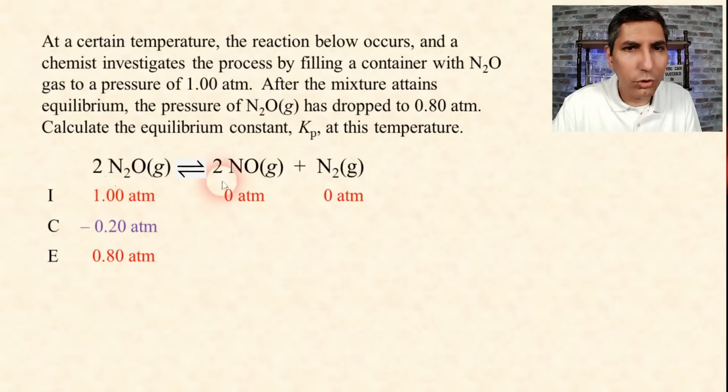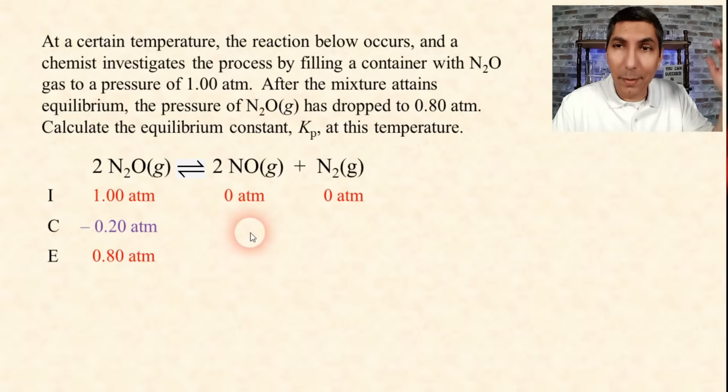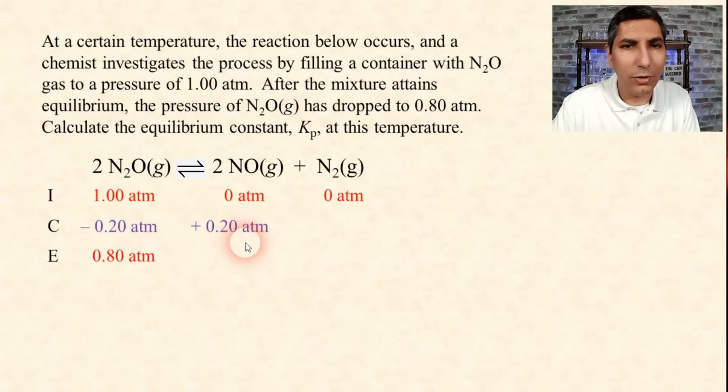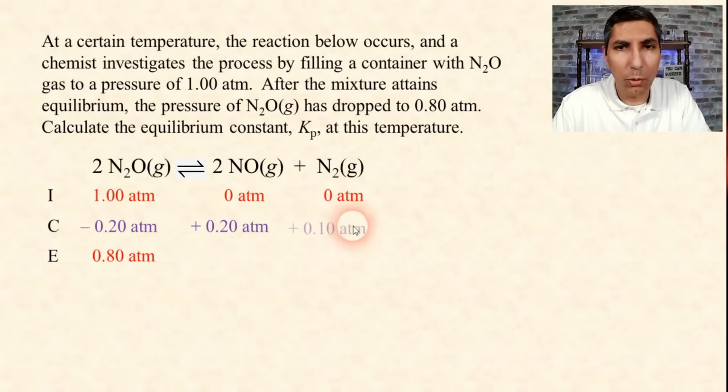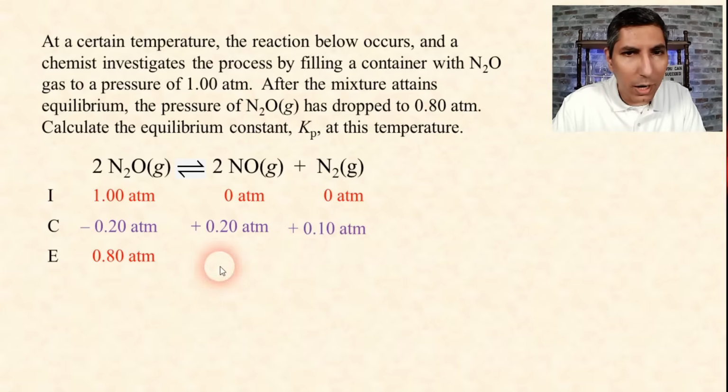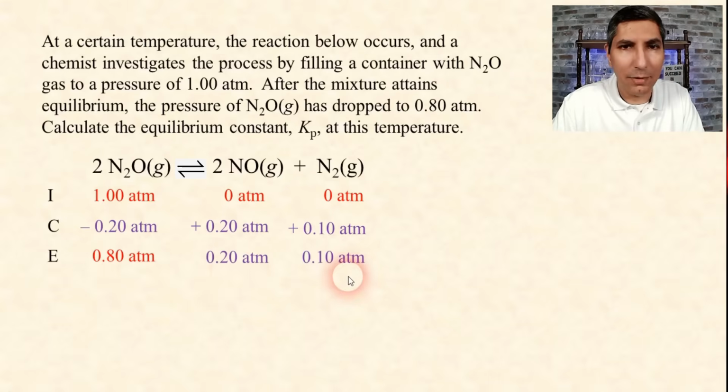And since this is a 2 to 2 ratio, the nitrogen monoxide is going up by the same amount that the N2O went down. So that's why the NO is a plus 0.20. And since it's a 2 to 1 ratio, N2 is going up by half as much. So this is a 0.10. So our equilibrium pressures are 0.20 and 0.10.